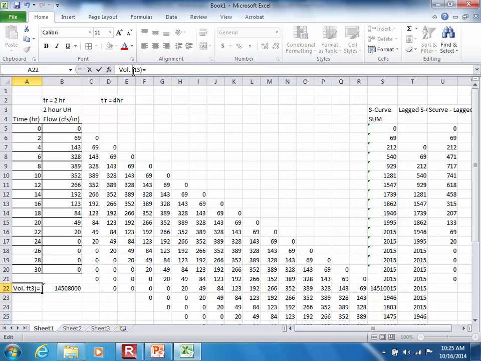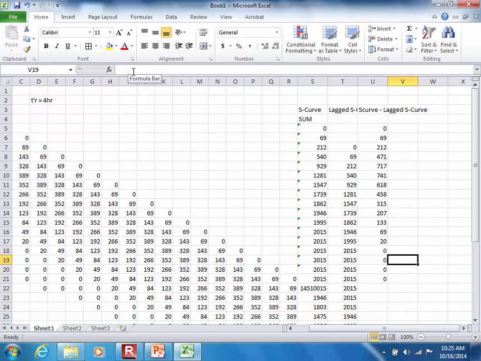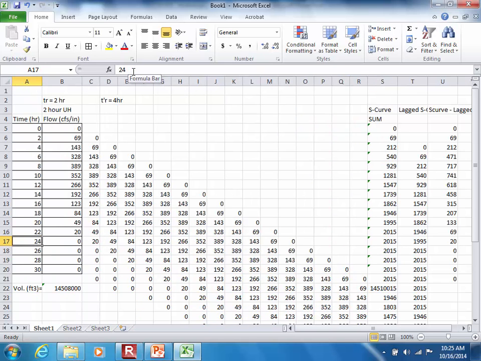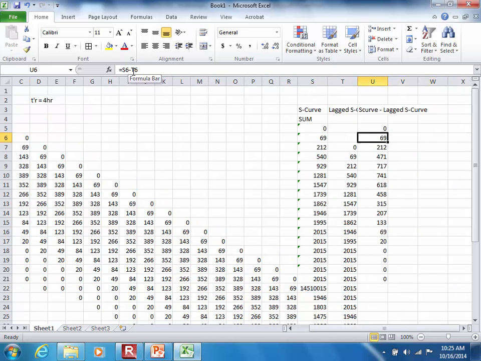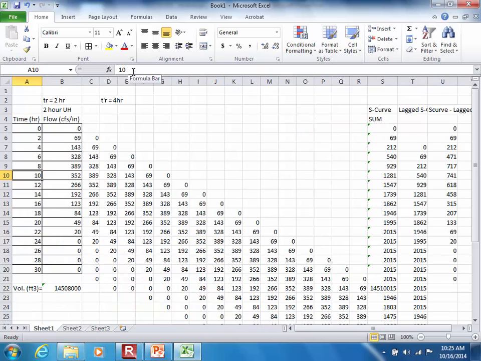And if we look at this translated hydrograph that we've just come up with, where we subtracted the S-curve from the lagged S-curve, here's time 0. The peak flow rate, the highest flow rate that we're going to see, is 741, whereas the highest flow rate here was 389.